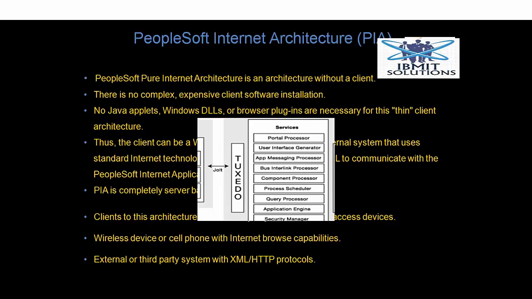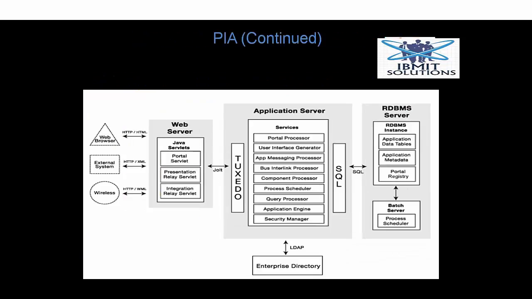And coming to the architecture of PeopleSoft, we will have 3 servers: one web server, application server, and the database server. The application server is the place where you will write all of your programming, and the database server is the place where you will store all of your data, let's say all of your financials data.